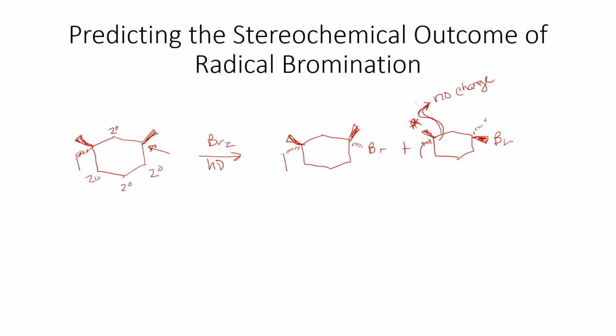So when we're predicting that stereochemical outcome, remember, the geometry of a radical goes through a species that can interconvert. And so you have this planar species. So halogenation can occur on the top or the bottom. So that's going to give us a racemic mixture.